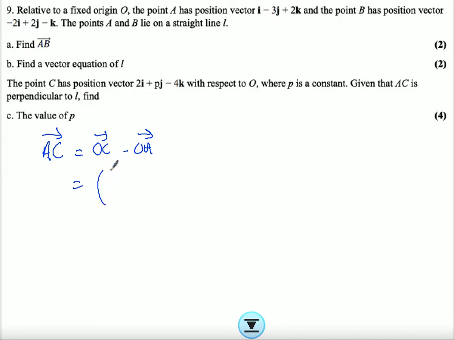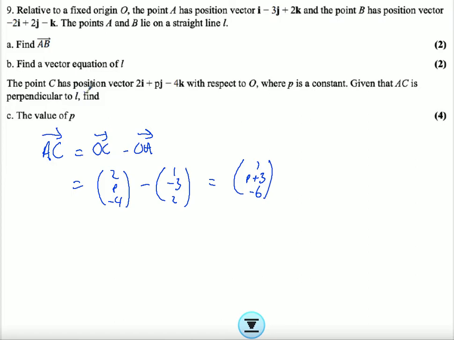So OC is 2, P and negative 4. Subtract 1, negative 3, 2. So that is equal to 1, P add 3, and negative 6. Just check I'm happy with that. Yes, I think I'm happy with that.